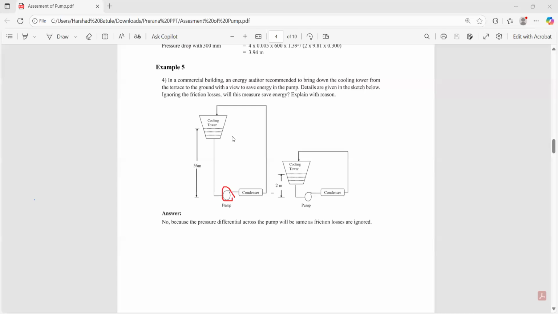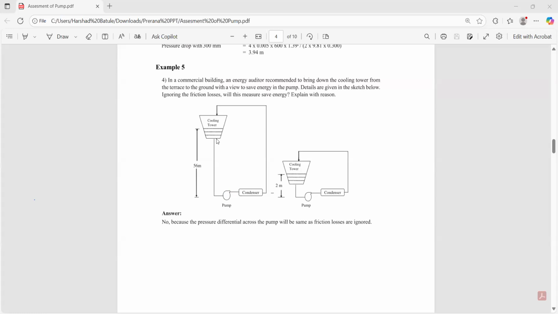It does matter a lot, right? No, no. In a closed loop circuit, the differential pressure does not matter if you are ignoring the frictional losses. If you are not ignoring the frictional losses, it would matter, but not by a significant amount.